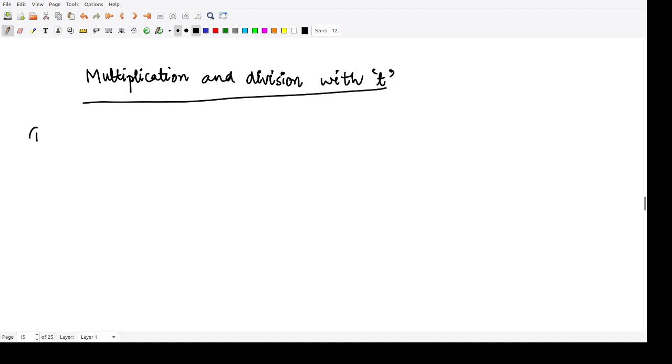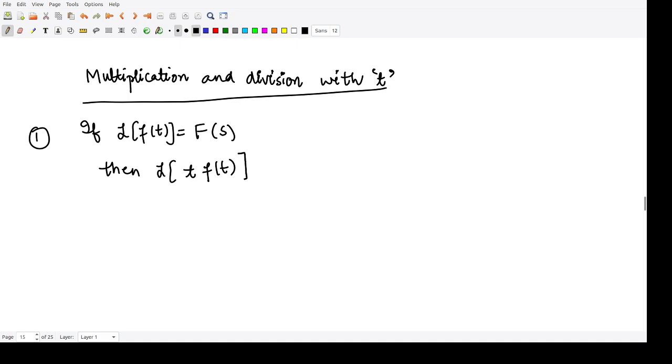So see, for the first case, suppose the Laplace transform of this function f of t is known to us, that is capital F of s. Then the Laplace transform of the function f of t when multiplied by t would be minus the derivative of this F of s.